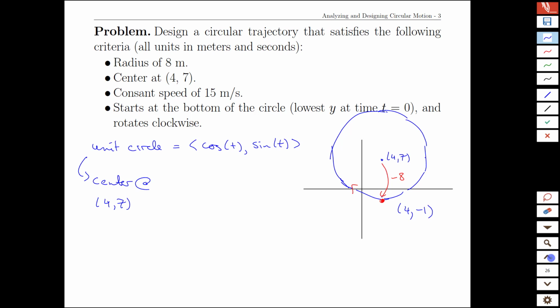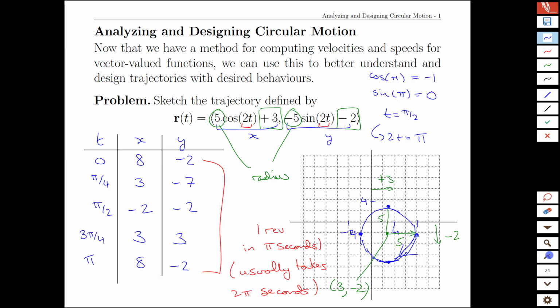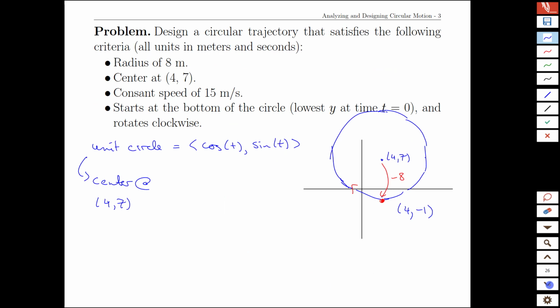And we saw in the last example that the center is defined by a shift in the x and a shift in the y, which gives us cos of t plus 4, and then sine of t plus 7. If we do that, we're going to achieve our center requirement.